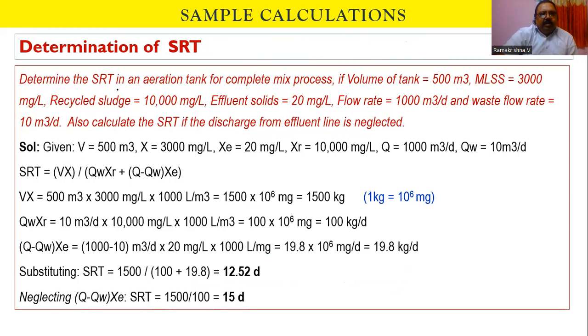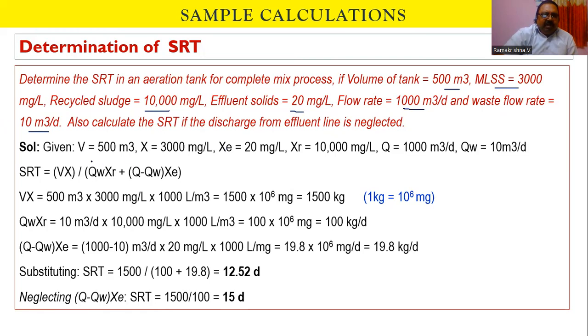You have to determine the SRT in the aeration tank for a complete mixed process if the volume of the tank is equal to 500 meter cube, MLSS is 3000 milligrams per liter, recycled sludge 10,000 milligrams per liter, effluent solids 20 milligrams per liter, flow rate is 1000 meter cube per day, and waste flow rate is given as 10 meter cube per day. So calculate the SRT if the discharge from the effluent line is neglected.